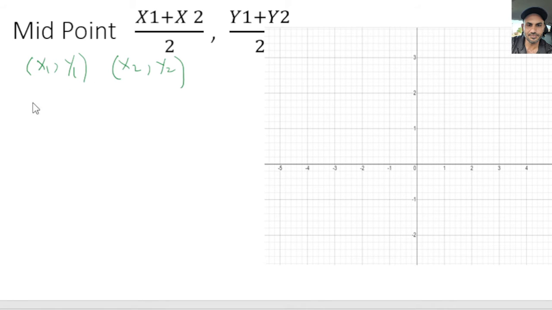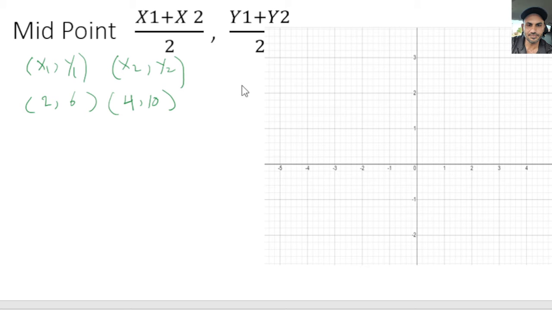So let's write 2 points. Let's do 2 comma 6, and we do another point, 4 comma 10.